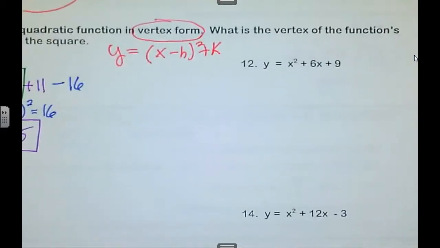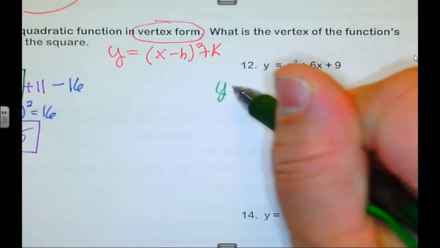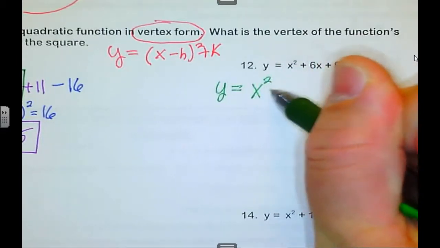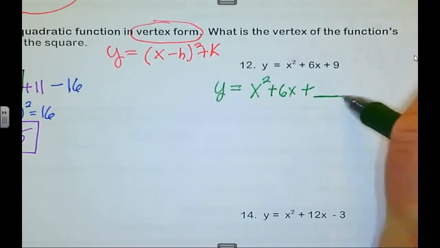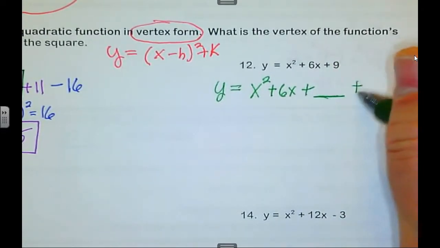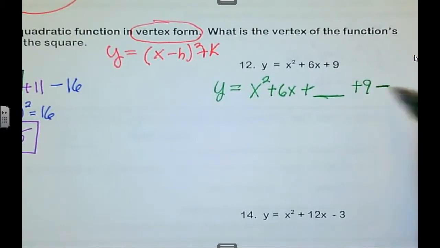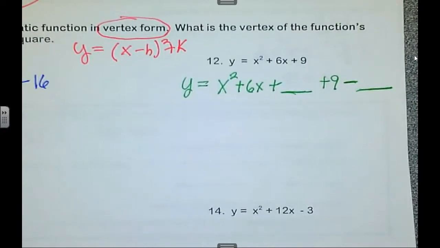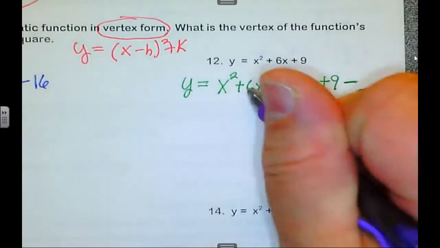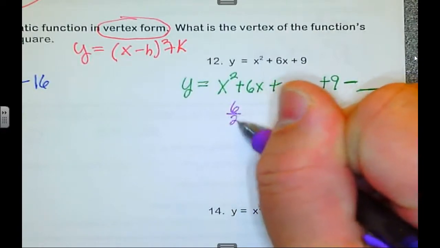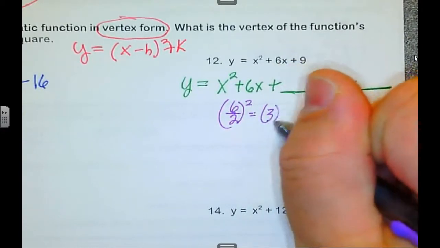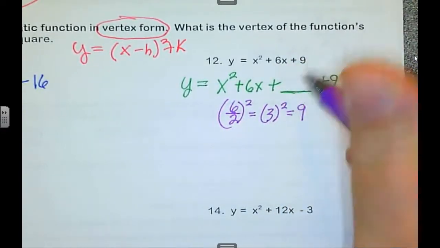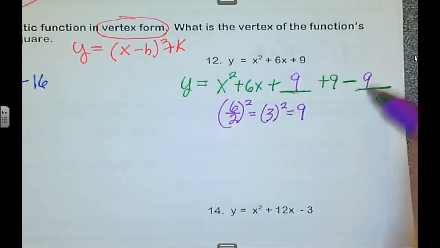All right, number 12. I get y equals, here's my x squared plus bx. Then I'm going to add to it the perfect square, then I got a +9. Then I'm going to have to subtract my perfect square. Here's my b. I'm going to divide it by 2, square it. I get 3 squared, which is 9. So I'm going to add 9, and then I'm going to subtract 9.